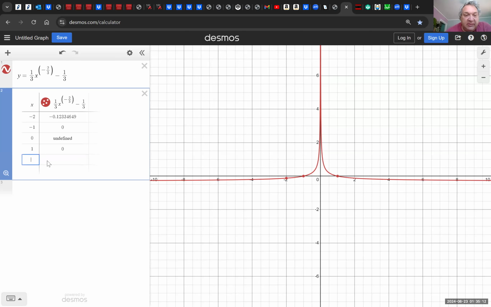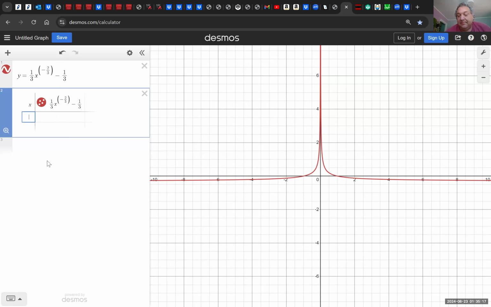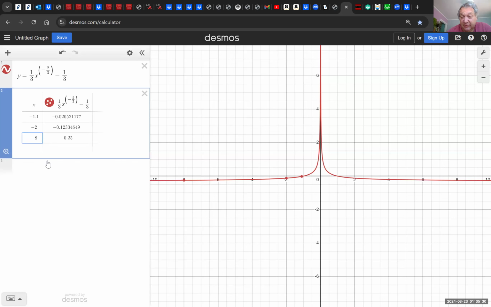I'm going to get rid of some of these numbers. I can plug in like -1.1 if you want, or you can plug in -2, or you can plug in -8. It doesn't really matter. You'll notice that every one of these is negative. The derivative is negative to the left of -1.